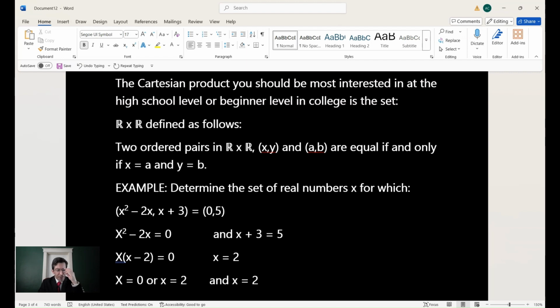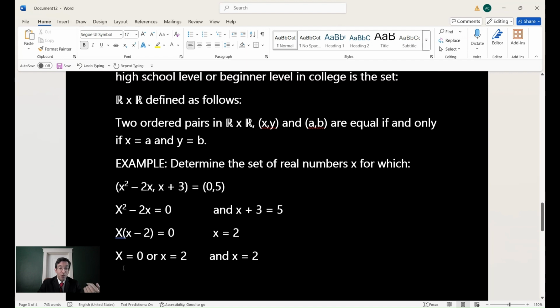But notice what happens in the second case. x plus 3 equals 5. That means x has to be equal to 2. So the only solution here, in fact, is 2. And you will find that it holds true for both. If you plug 2 back into the expressions, it gives you that ordered pair.